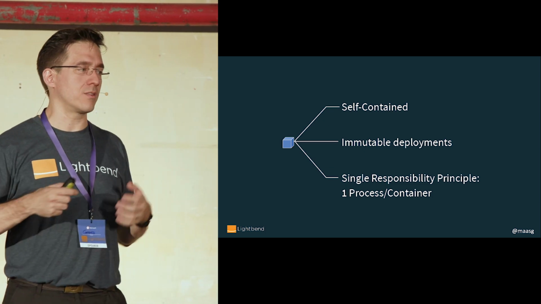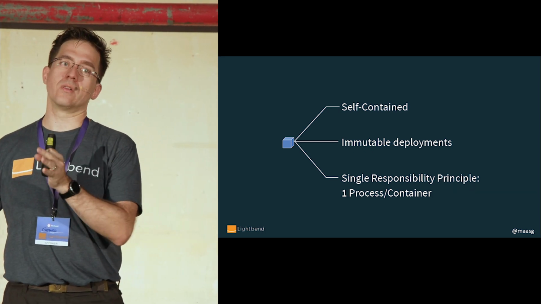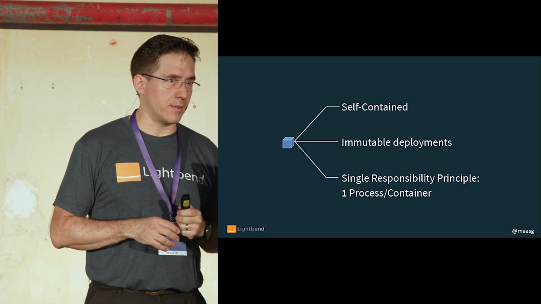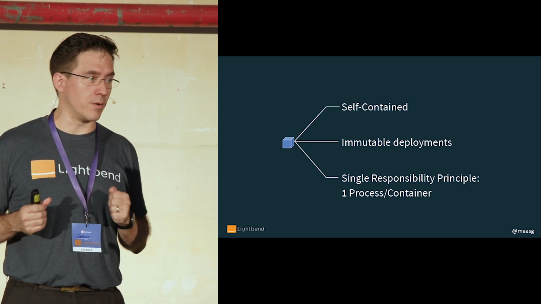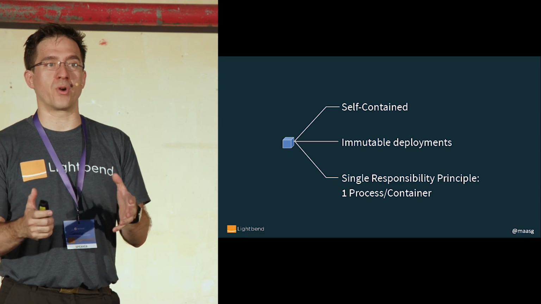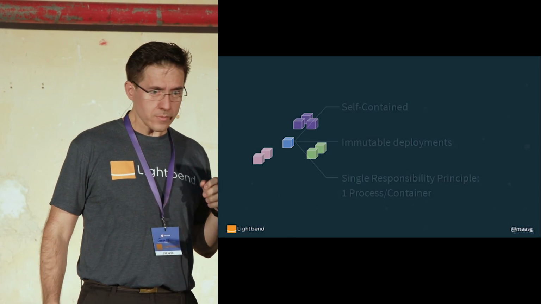There are ways to hack that, of course, but if you are playing by the rules, that container will restart every time from a known state. And one rule that you should live by is the single responsibility principle, where each container is only running one process, one intended use for it.